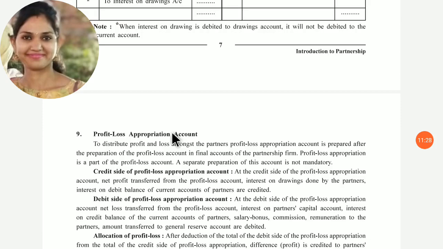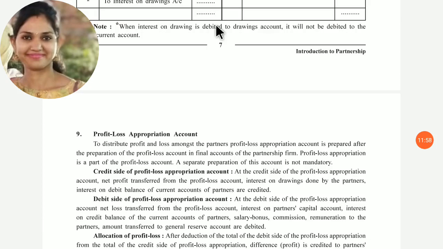In the 11th standard final accounts, we prepare three statements while preparing the final accounts: first, trading account; second, profit and loss account; and third, the balance sheet. Here, in the final accounts of a partnership firm, we have to prepare 5 statements, 5 accounts. One, the same trading account. Second, the same profit and loss account. Third, profit and loss appropriation account.